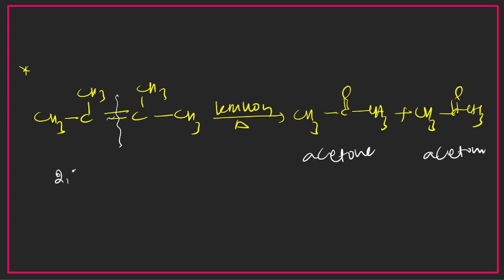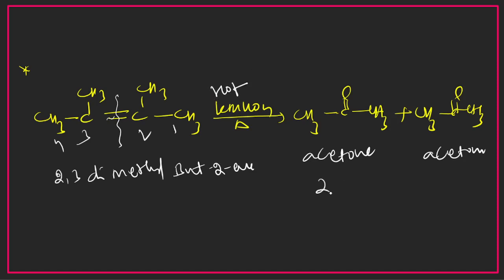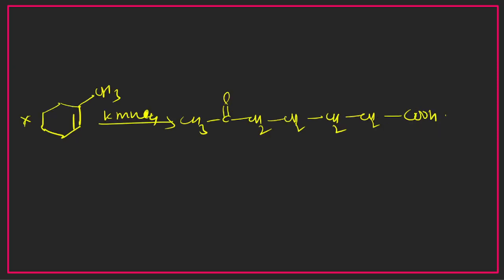It is 2,3-dimethylbut-2-ene, carbons 1, 2, 3, 4. In presence of hot KMnO4 solution, it gives 2 moles of acetone. Have a look at the next reaction.